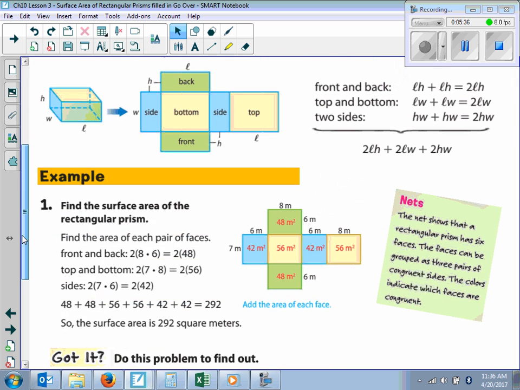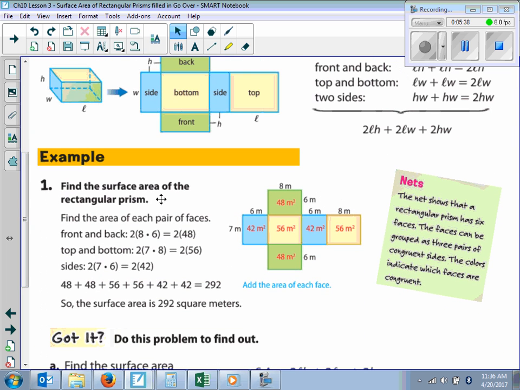All right. So, for example, it says find the surface area of the rectangular prism. Here we want to find the area of the front and the back. The area is 48 square meters for the front and the back, so we multiply 2 times 48. For the sides, it's 42, so we multiply 2 times 42.